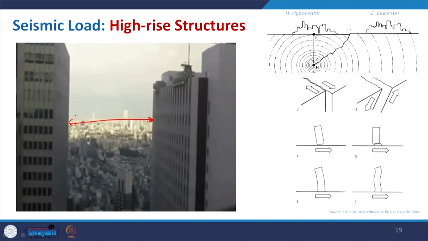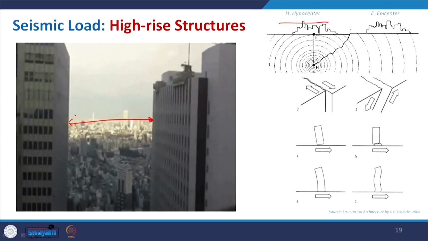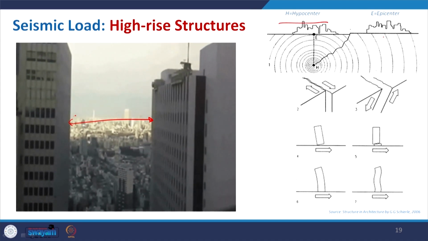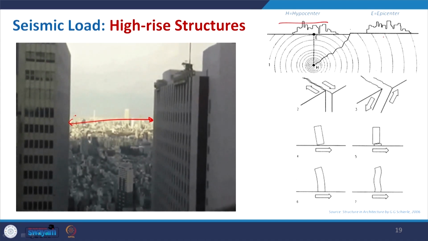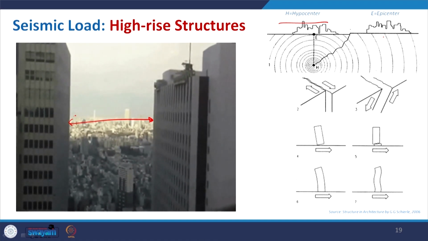Whenever an earthquake occurs at the hypocenter, it gradually comes up at the epicenter, and then the wave spreads out depending on the intensity, and there will be different plate motion, and for that the building can fall due to liquefaction, or maybe it is just uplifted, or it may have serious damage and damping. We have seen that while we discussed the structure for earthquake prone areas, in that lecture we have seen how things happen in that category.